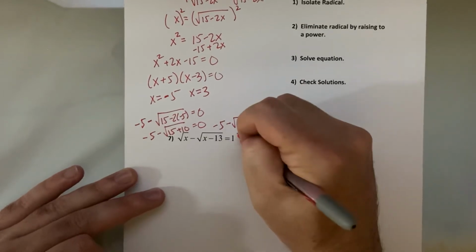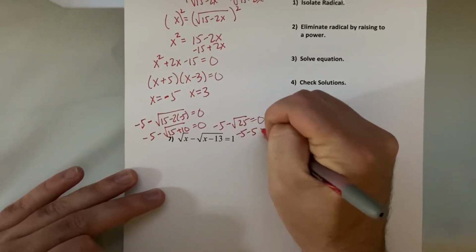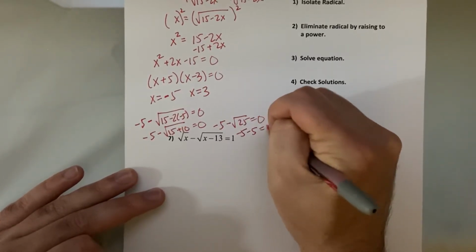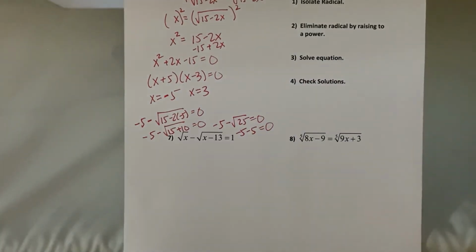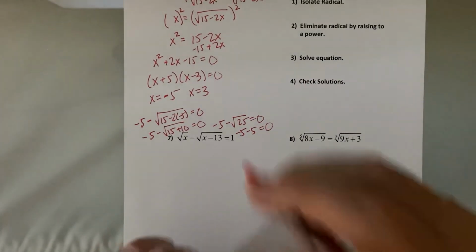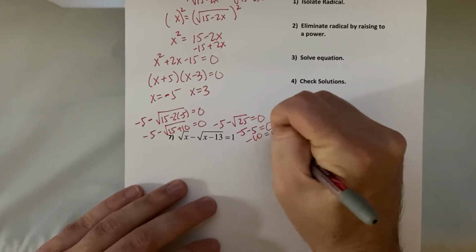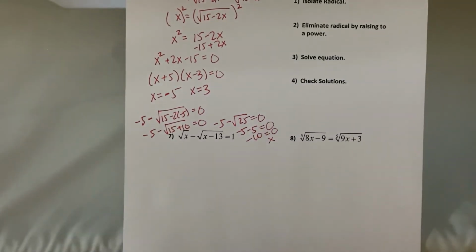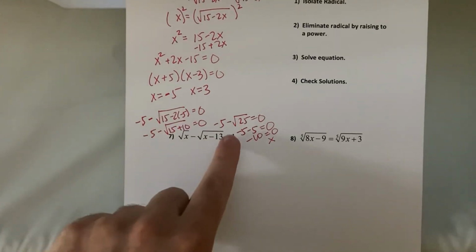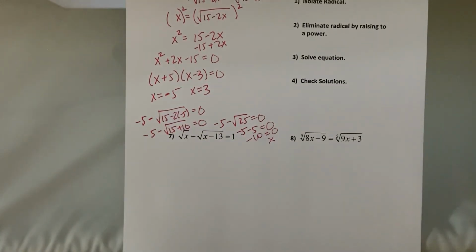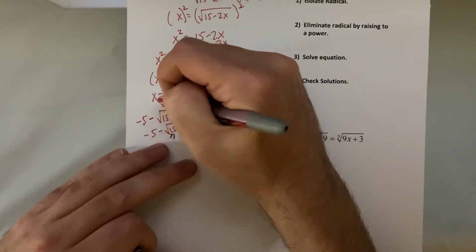The square root of 25 is 5, so we get negative 5 minus 5 equals 0. Now, what is negative 5 minus 5? It's actually negative 10. That's bad. Negative 10 is not equal to 0, so this is a case where when I moved this over, I had negative 5 equals 5, and when I squared them, they appeared to be equal, but they weren't actually. So this answer is bad.